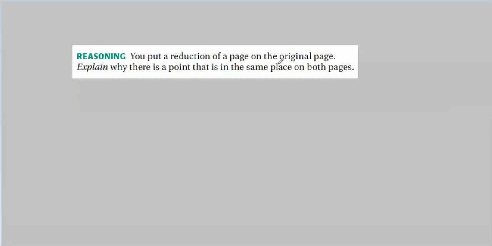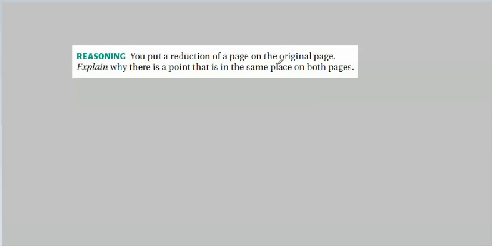In other words, when you photocopy and produce an enlargement or a reduction of the photocopy, you're creating a dilation about the center of the object, not some point outside the object. You're not expanding about the origin or about some corner of the object. You are dilating it, contracting, or expanding about the actual center of the object.